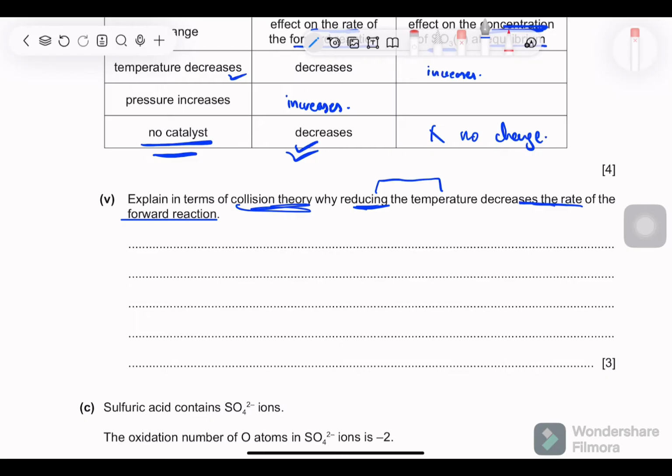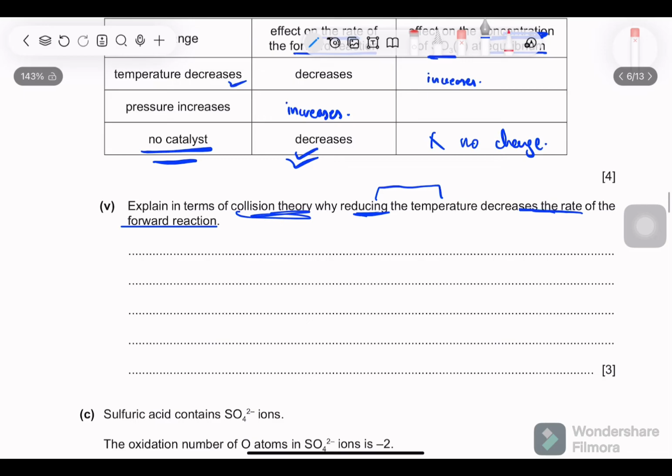But whenever we reduce the temperature, whether the reaction is going backward or forward, the rate will decrease. And whenever we increase the temperature, the rate will increase. If you're talking about the forward reaction, then yes, it will increase in this case because the equilibrium is shifting towards the right.